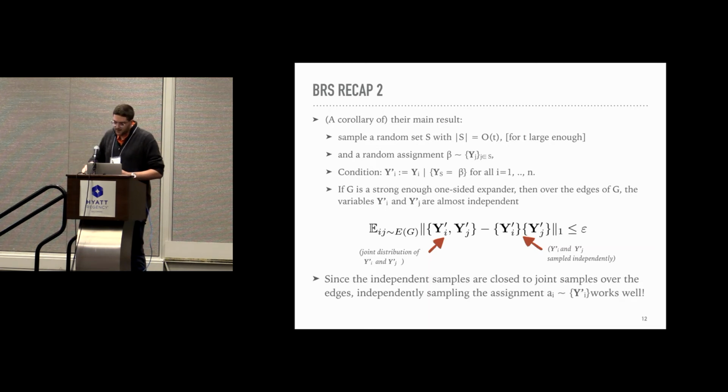Since the statistical difference between both quantities is small, and I know that samples from y_ij do a good job of satisfying the constraints, this line of argument tells you that if you were to sample independently from these distributions y_i, you're going to do a good job of satisfying the constraints. Okay, so this is a toy picture of what BRS do.